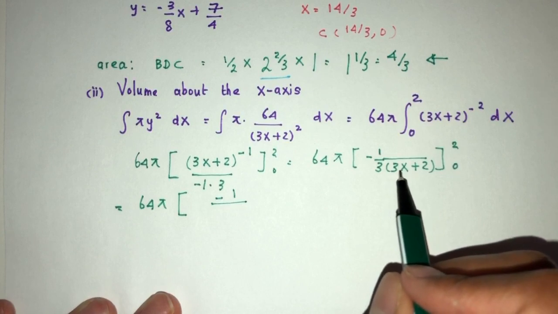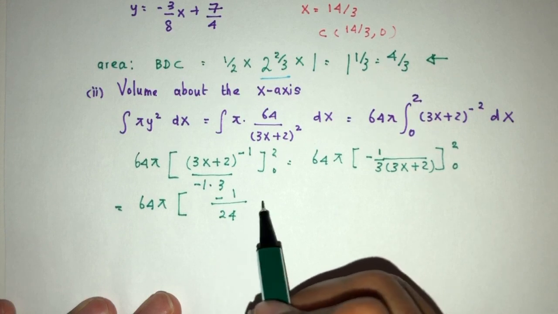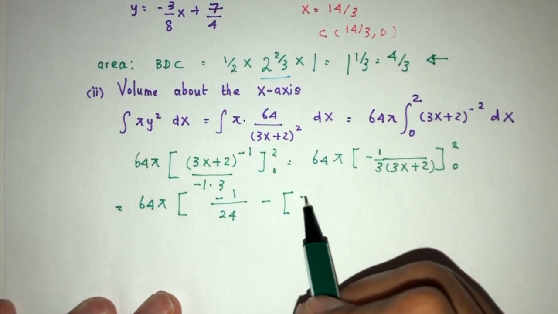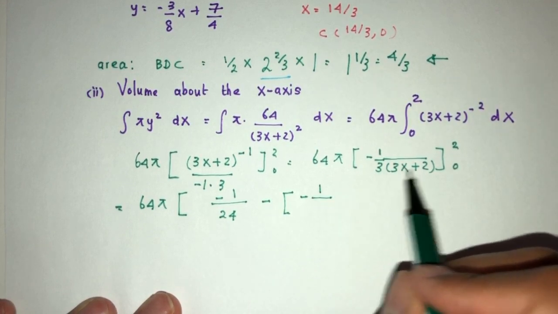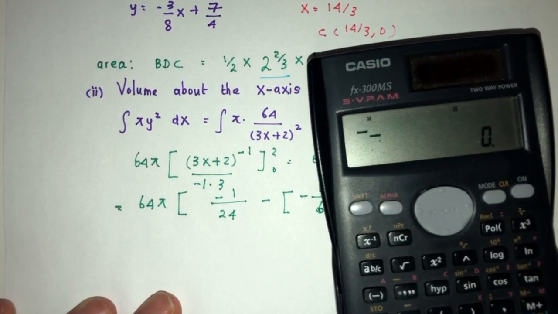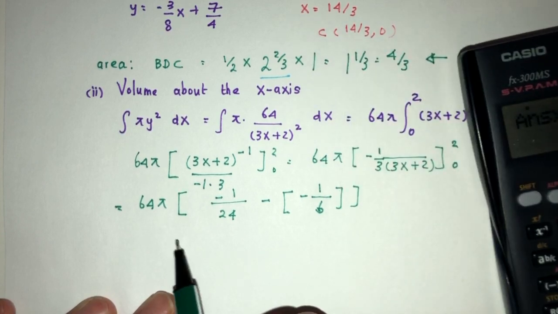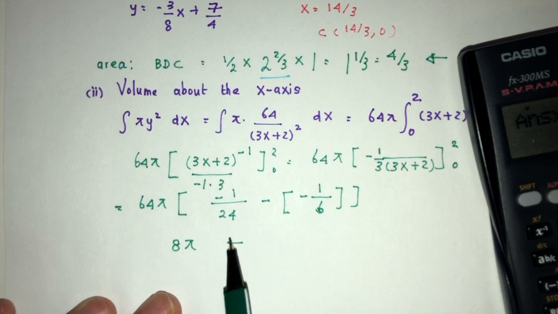6 times 2 is 6 plus 2 is 8, times 3 will be minus 24. So 24, sorry. And then minus, that will be minus 1 over, that will be 0, so that will be 6. So minus 1 over 24 minus minus 1 over 6, times 64, that will be 8 pi as required.